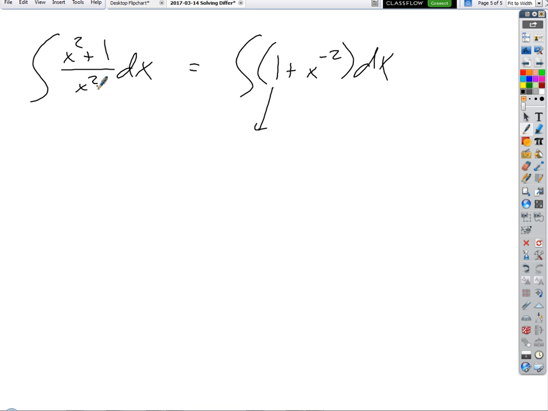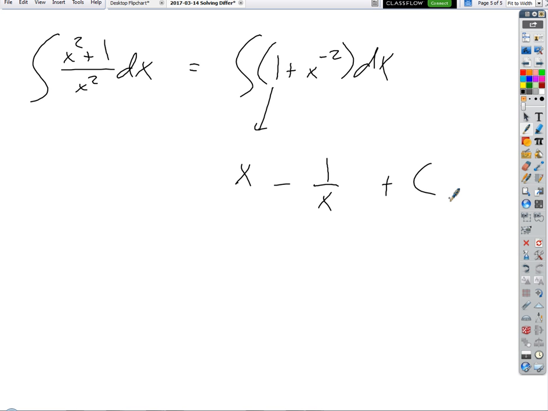You get x to the 1 over 1, so we get x. And what's this guy going to give us here? A number? Let's see, so it's going to be negative 1 over x. I'll write it that way. x to the negative 1, divided by negative 1, makes it a plus, and we're done. Right? Make sense?